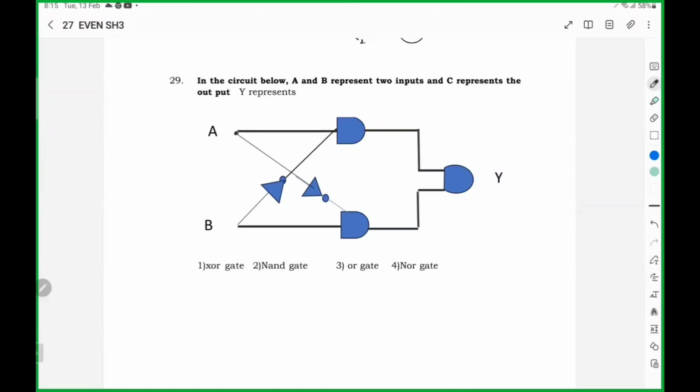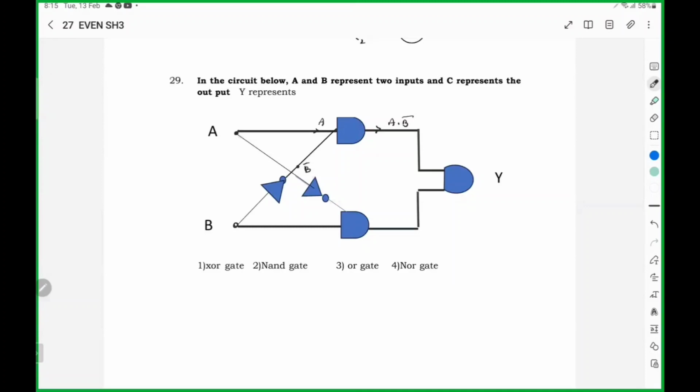Suppose input signal A is sent along this AND gate, and input signal B is sent along the NOT gate. The output will be B complement. So the output will be A dot B complement.